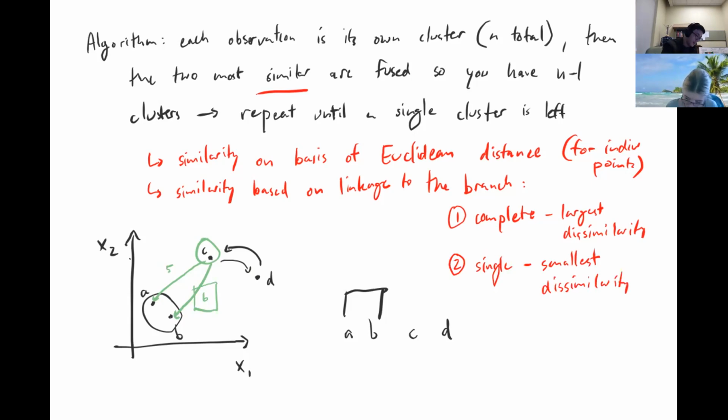And so in that case, this would be in green. If we do red, it would take the smallest one. And then let's say in blue, the last one would be the average linkage, which is the average dissimilarity.